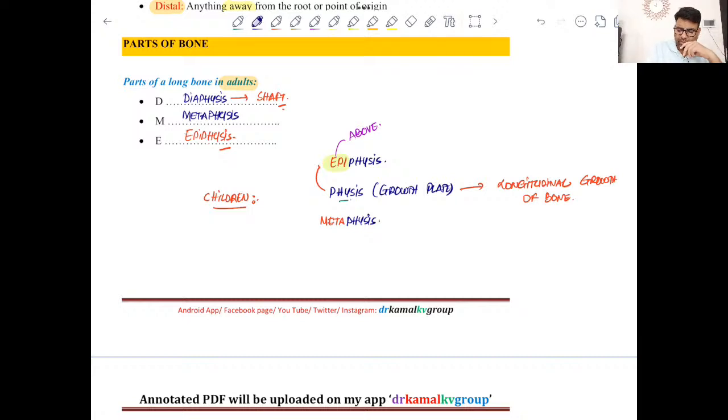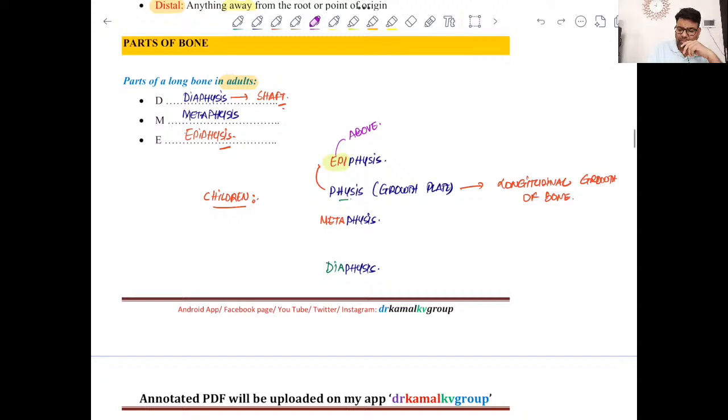And in the center we have the diaphysis. Clear? So this is the arrangement of the bone. So epiphysis, physis, metaphysis, diaphysis. Needless to say, this physis is present only in children, and it is not seen in adults, and therefore in adults we see only diaphysis, metaphysis, and epiphysis.